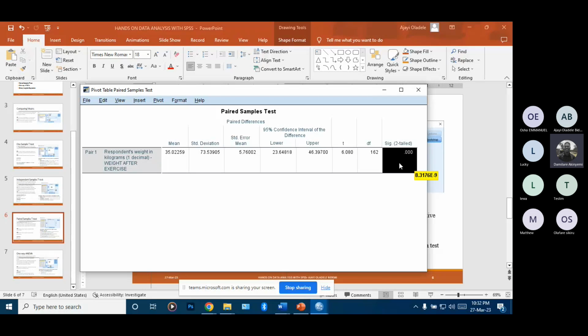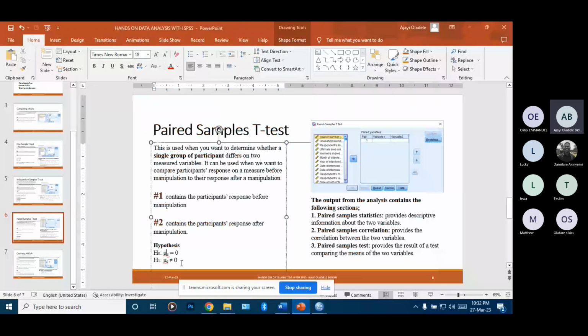Please come again, please. I said the hypothesis for this test is that there is no difference between the mean weights, the null hypothesis, and the alternative hypothesis is that there is difference between the mean weights. Okay. Now, reject H0 if p-value is less than alpha.